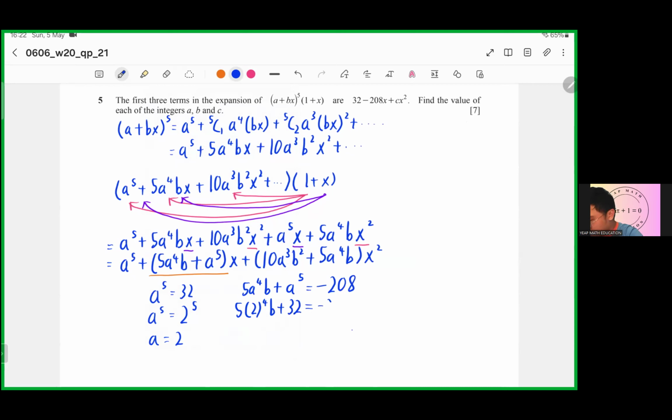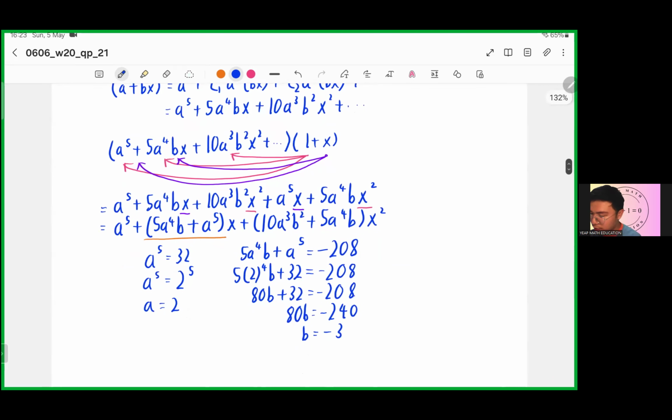So this 80b plus 32 equals to negative 208, and then 80b equals to negative 240, and b we get the answer is negative 3. We already found the values of a and b.